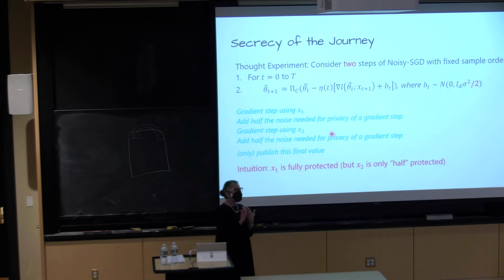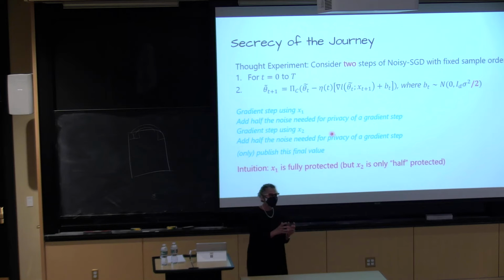But look at the world from the perspective of the data point x1. From the data point x1, there have been 2 noises added. And the sum of their variances is sigma squared, which was enough to give it privacy in the first place.